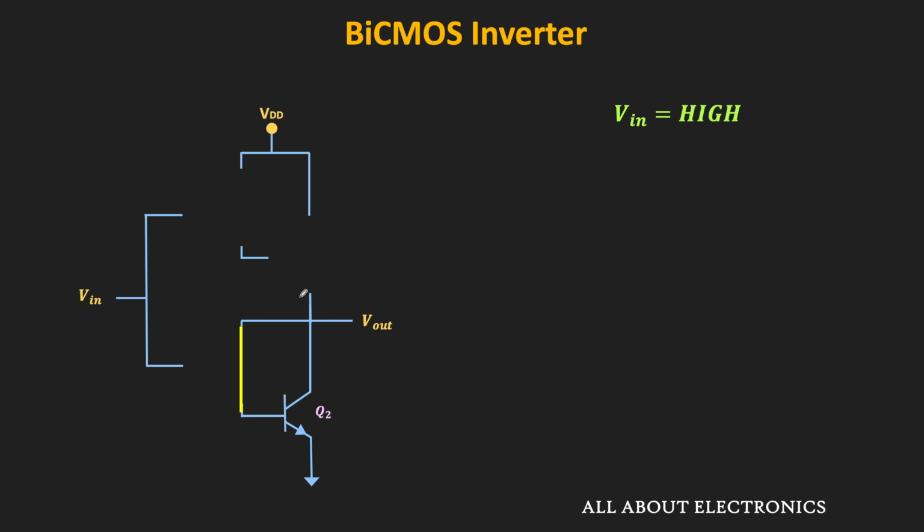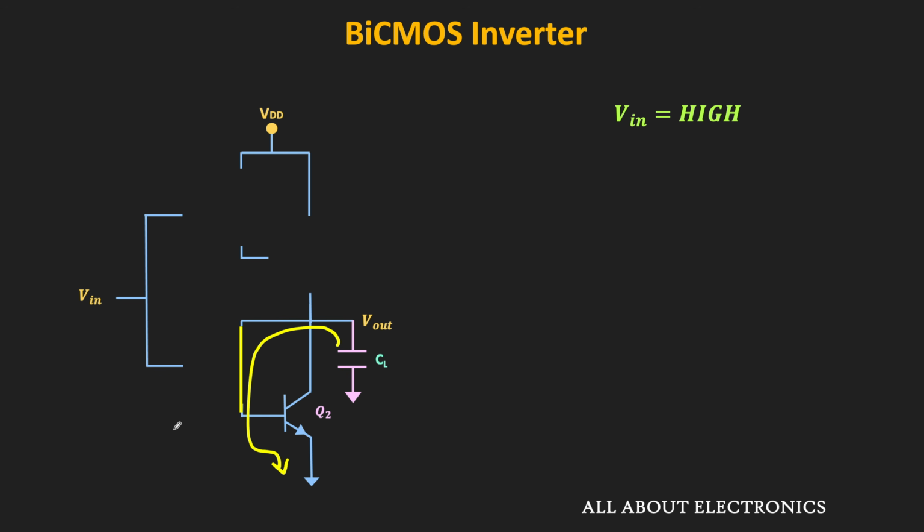So whatever voltage or charge this load capacitor is holding will appear at the base of Q2. Earlier, if the output voltage is high, then this logic high will appear at the base of Q2. Therefore, Q2 will get turned on and it will provide the discharging path for this capacitor.